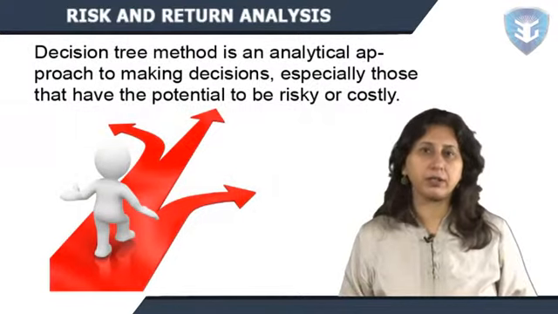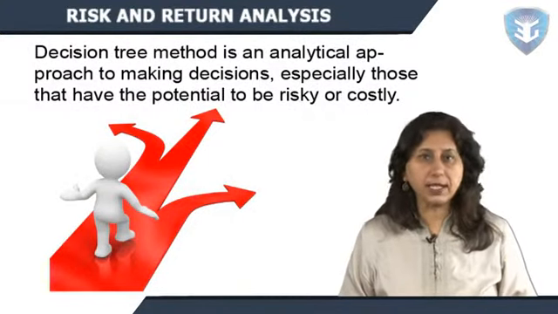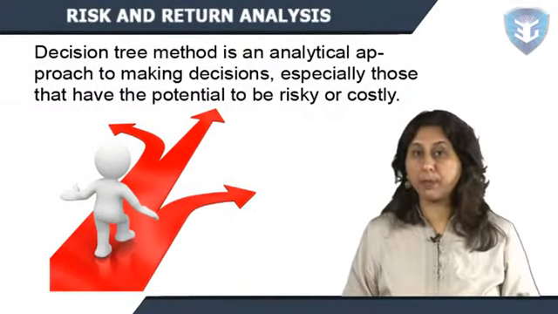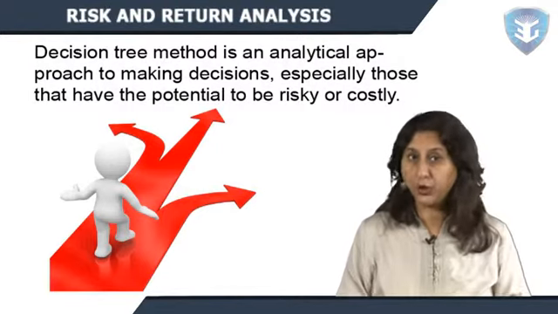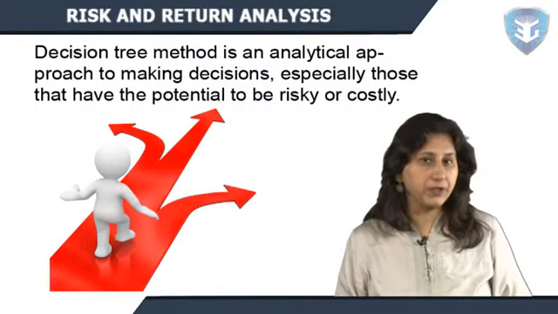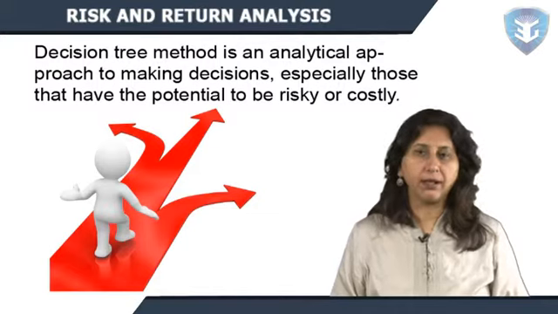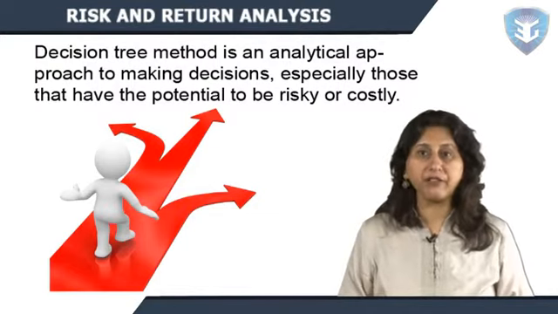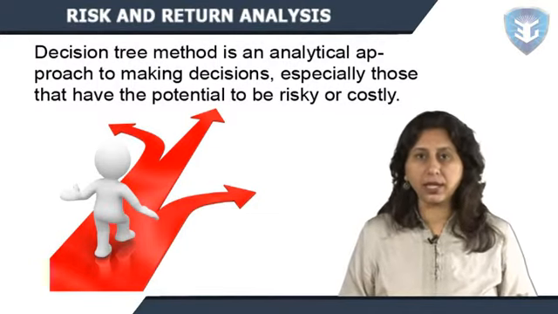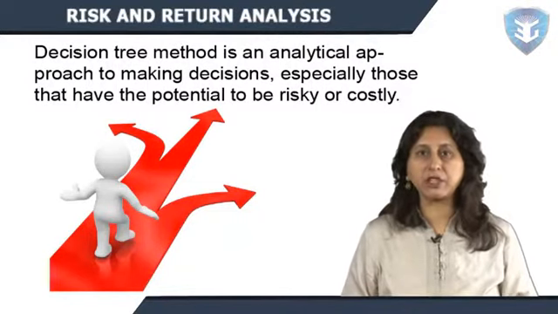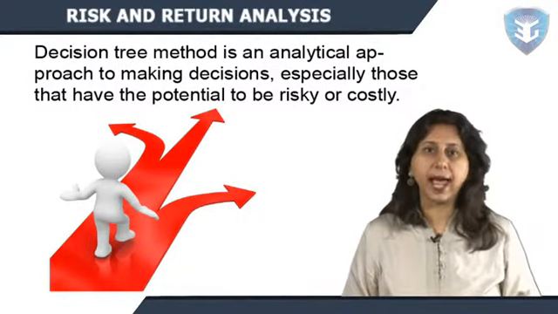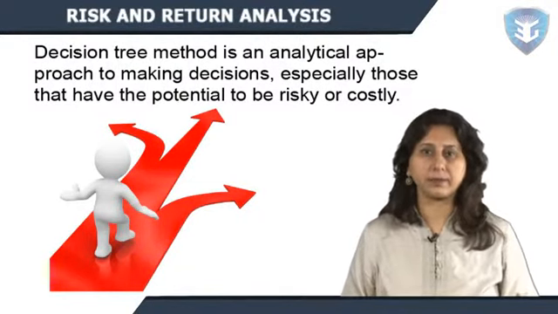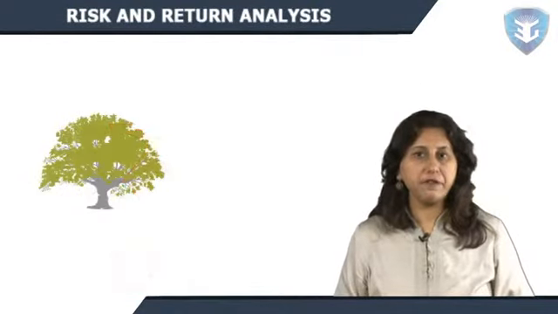Decision tree method. The decision tree method is an analytical approach to making decisions, especially those that have the potential to be risky or costly. The method uses a graphic known as a decision tree that presents a set of competing alternatives as separate branches. Features.